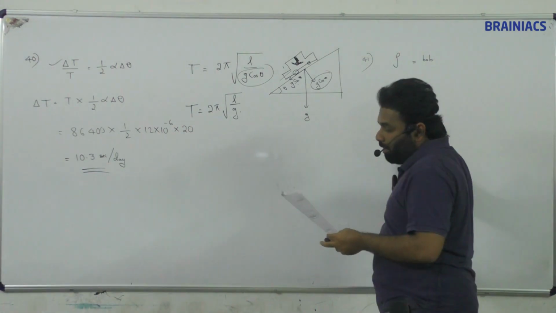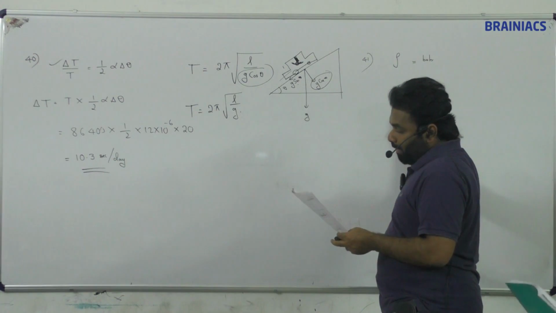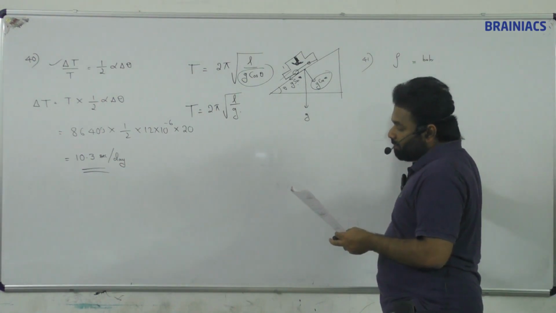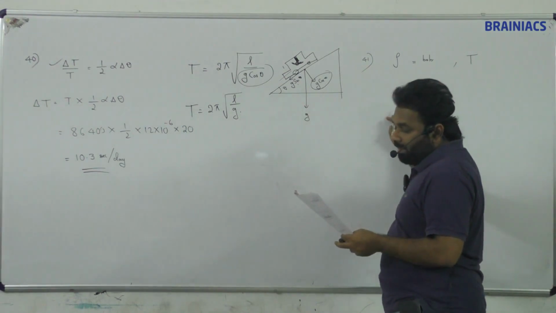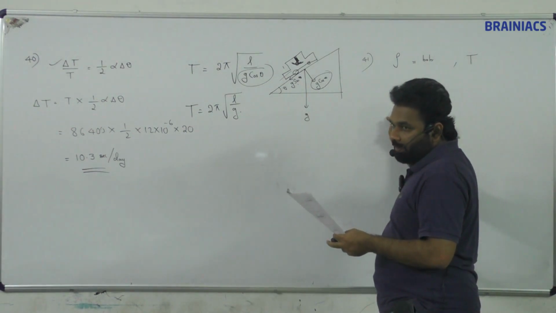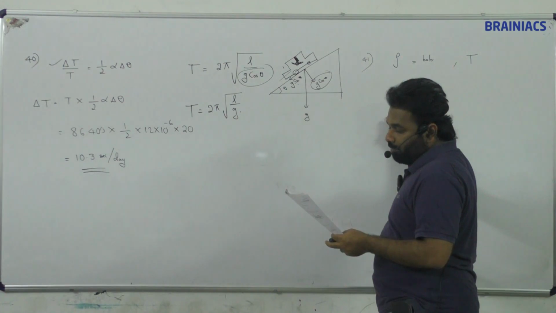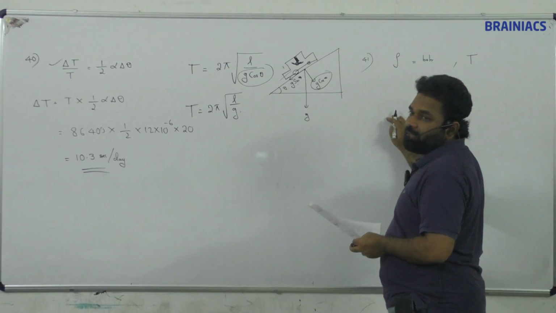The time period of this pendulum is T. If the metallic bob is immersed in water, the new time period will be.